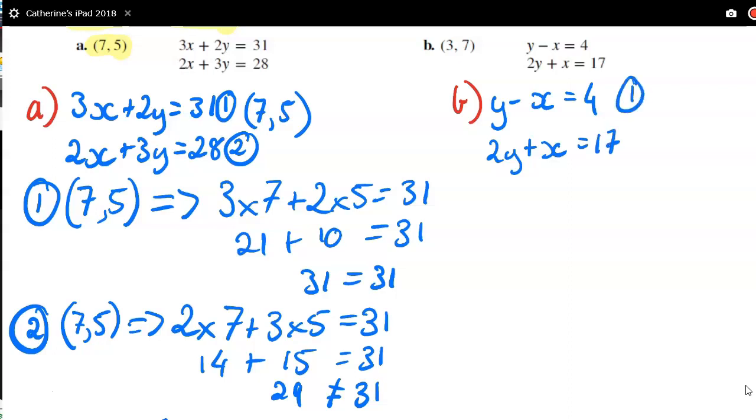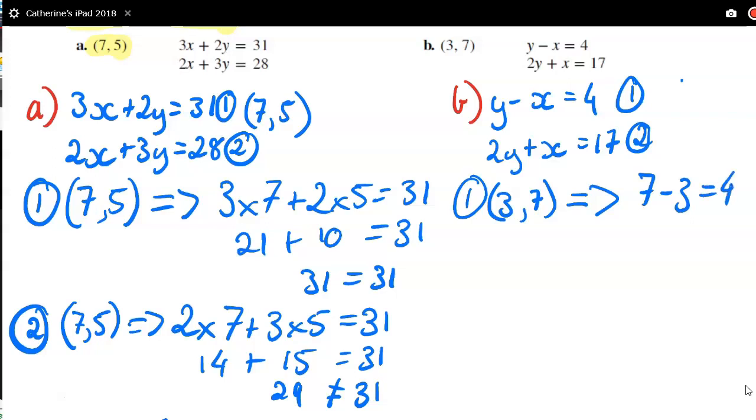I'll call that equation 1, equation 2, and we're going to sub in 3, 7 first into equation 1. Well, 7 minus 3 equals 4. Yes, so far so good.